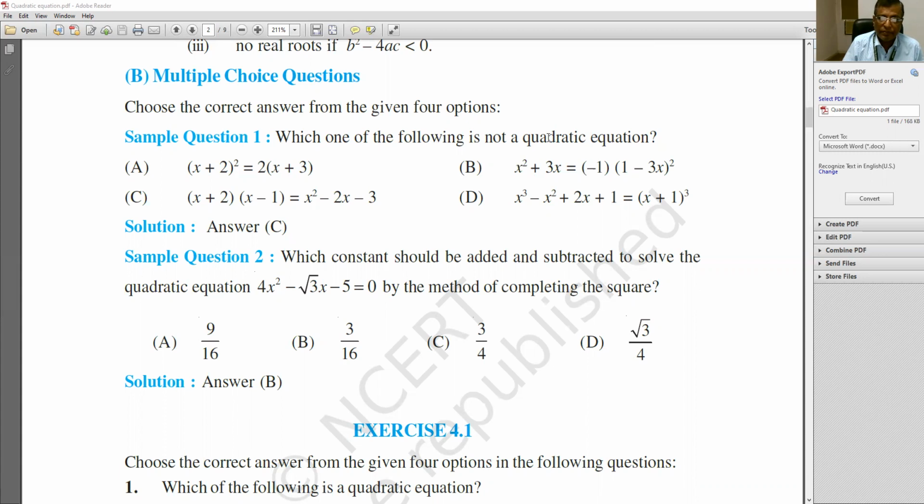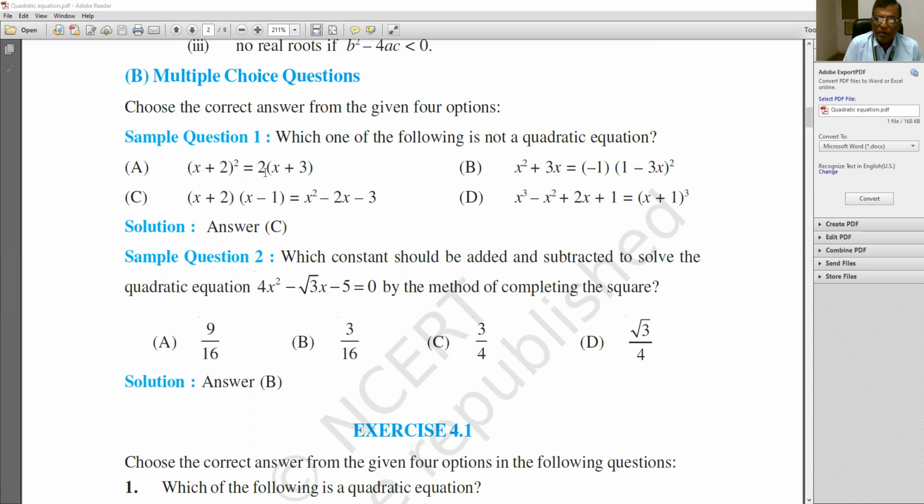So you have to check which one is not a quadratic equation. For this you have to simplify this. This will be a plus b whole square. So this will give you x square plus 2 into x into 2 plus 2a square.